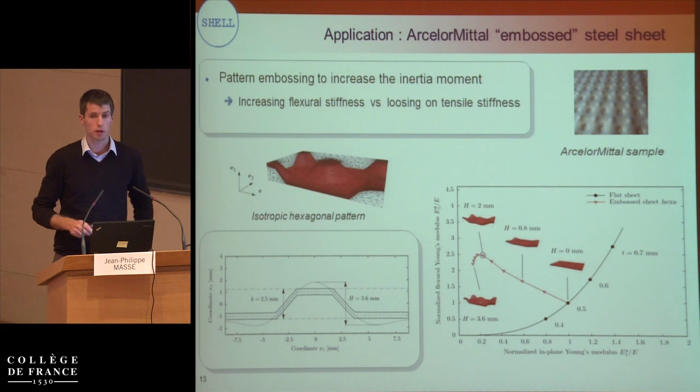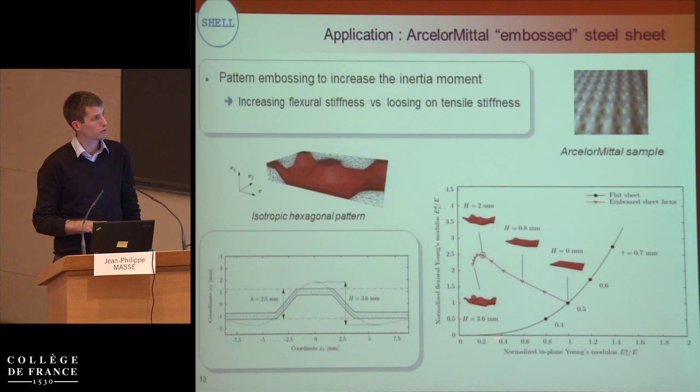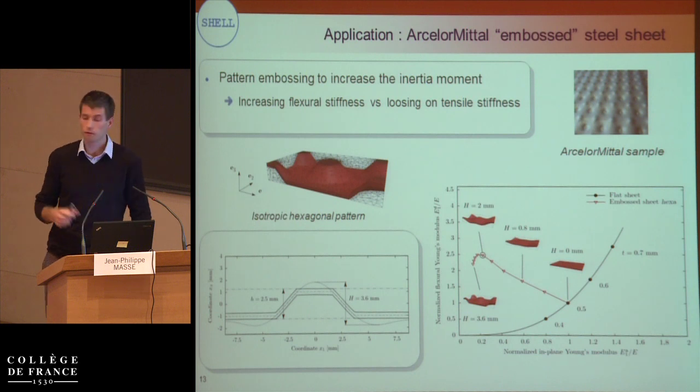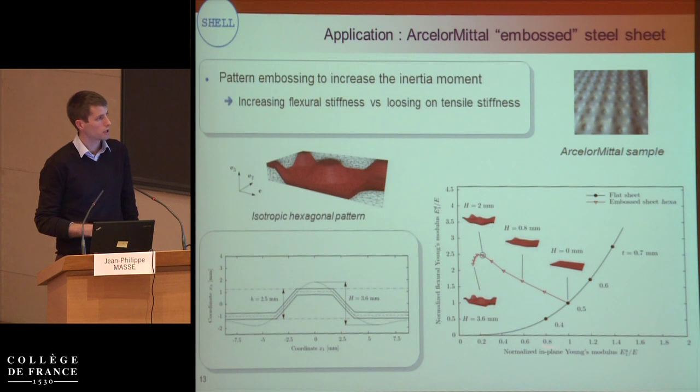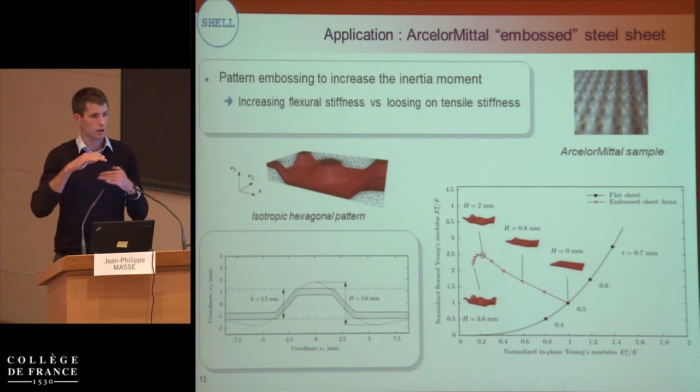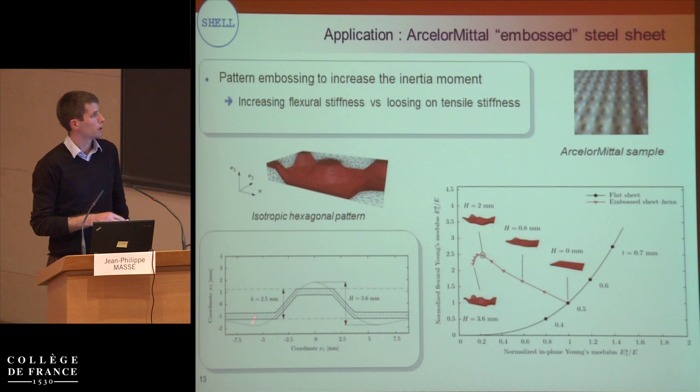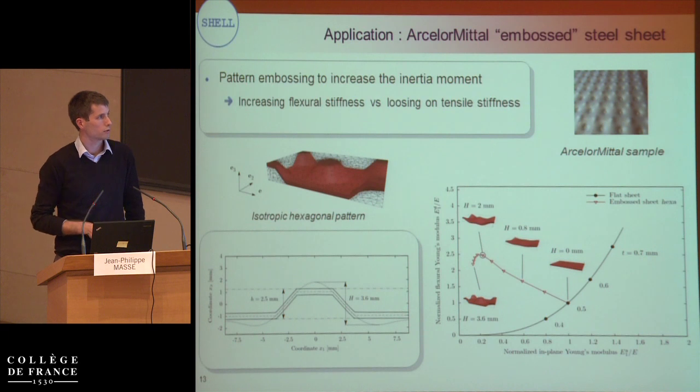We increase the embossed height, and so here we can compare with a given straight sheet. Starting from here, we increase the corrugated height, and so we have an increase of the flexural modulus because of inertia, but we lose in the tensile in-plane stiffness. And so this is the curve up to a maximum, which is when we reach the bounds we chose for the height of the corrugation, and after that the flexural modulus decreases.